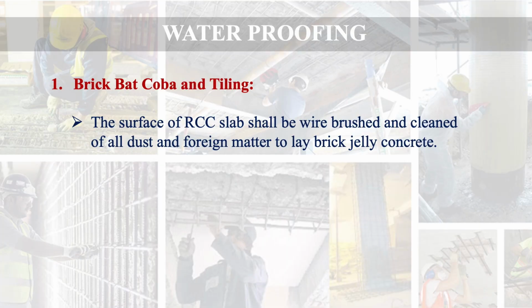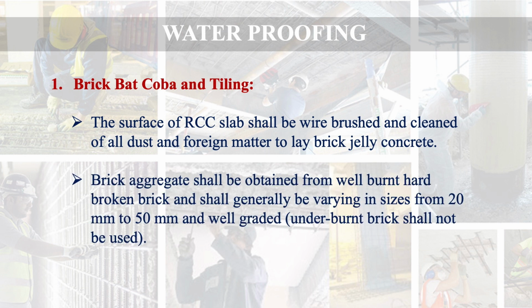The surface of the RCC slab shall be wire brushed and cleaned of all dust and foreign matter to lay brick jelly concrete. Brick aggregate shall be obtained from well burnt hard broken brick and shall generally vary in size from 20 mm to 50 mm and be well graded.